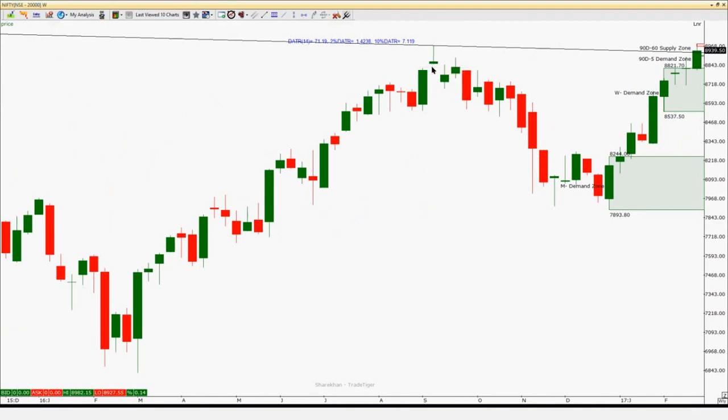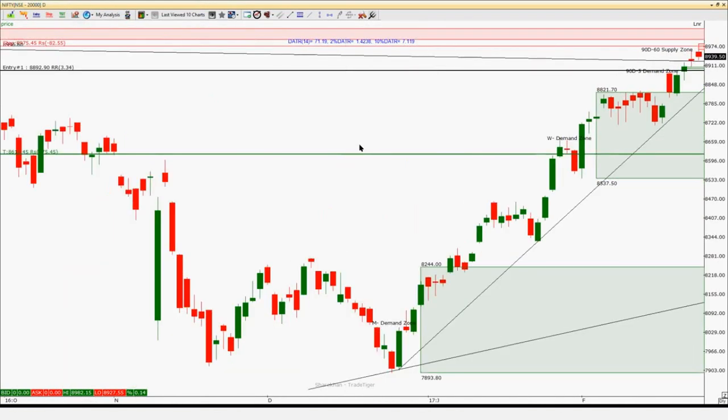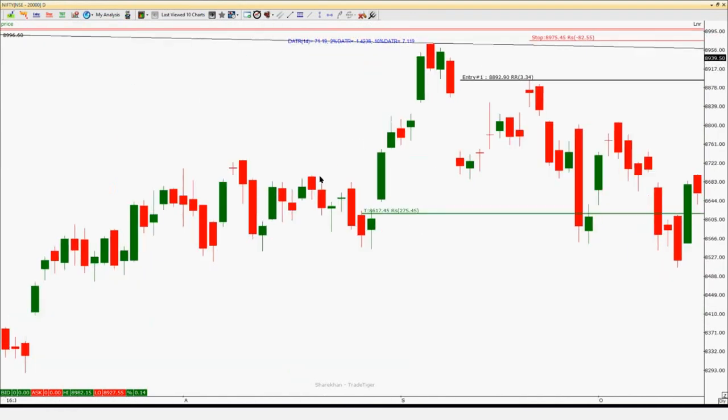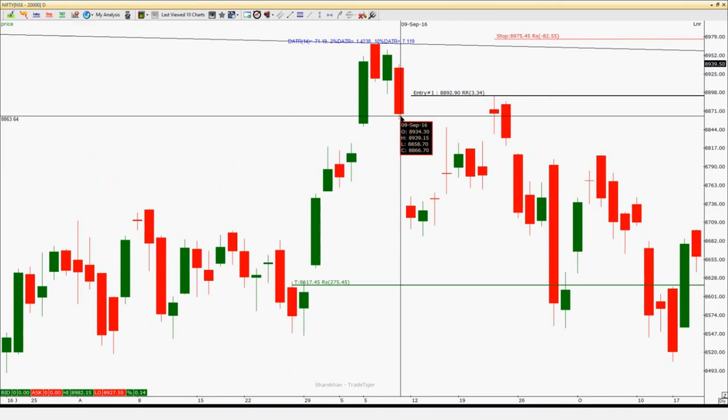So this was happening on the weekly chart. I went on to the daily chart, where on 9th of September my weekly candle closed. As soon as my weekly candle closed, I have the confirmation that yes, the price is creating the top and it wants to go down.